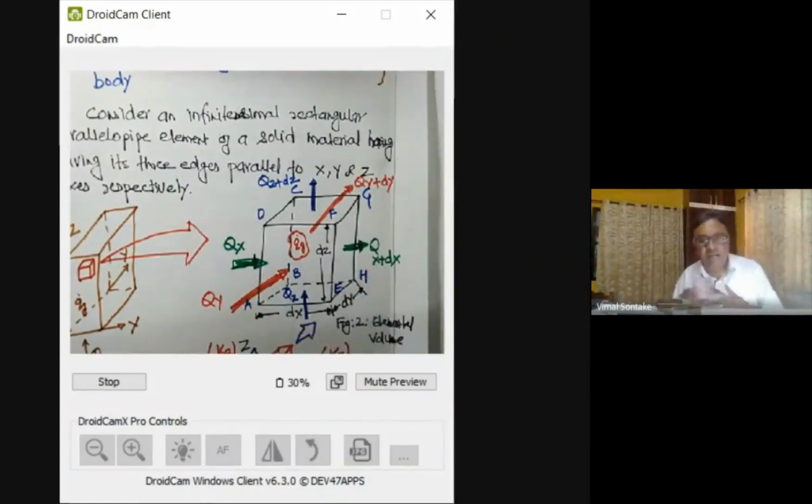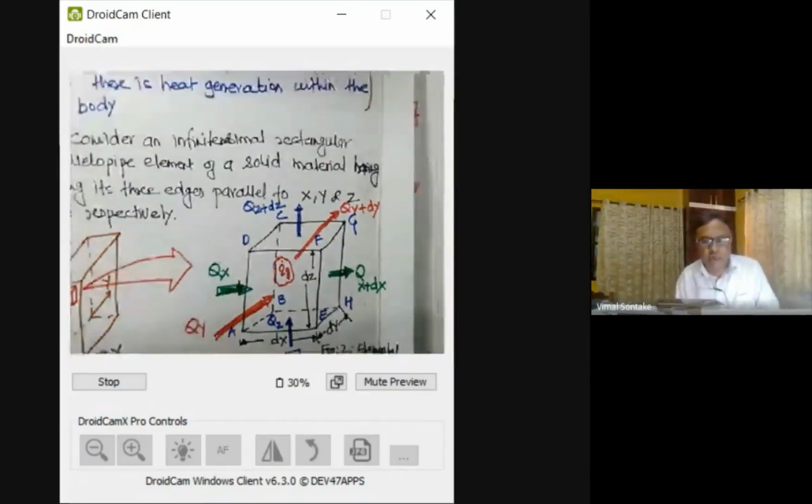And as heat transfer is varying with respect to the space coordinates as well, these two amounts will be different as well. And depending upon their difference, the remaining amount of heat, or balance of this difference, will be stored in this elemental volume in the form of stored energy.